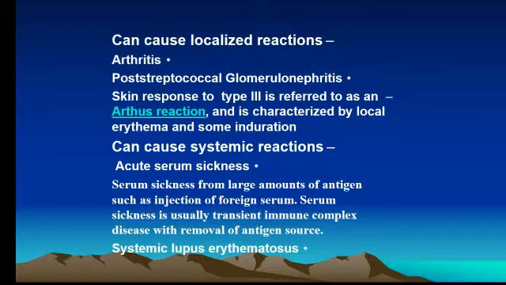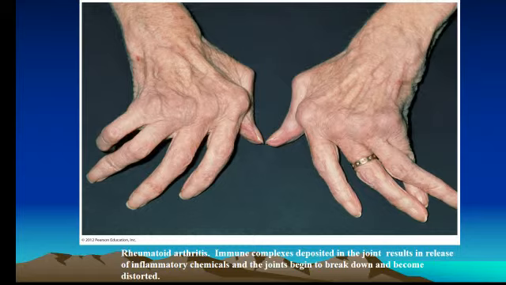Moving on to the next slide. In this slide, we have this unfortunate picture showing us rheumatoid arthritis. Rheumatoid arthritis is caused by immune complex deposited in the joint, causing inflammation.